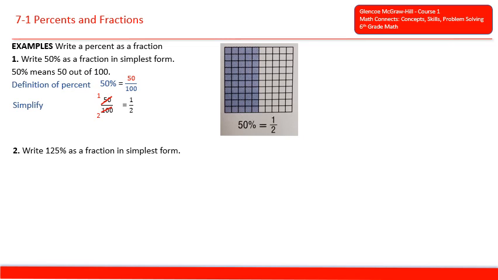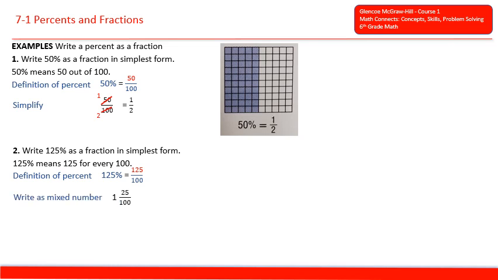Number 2, write 125% as a fraction in simplest form. 125% means 125 for every 100. Definition of percent, 125% equals 125 over 100. Write as a mixed number.